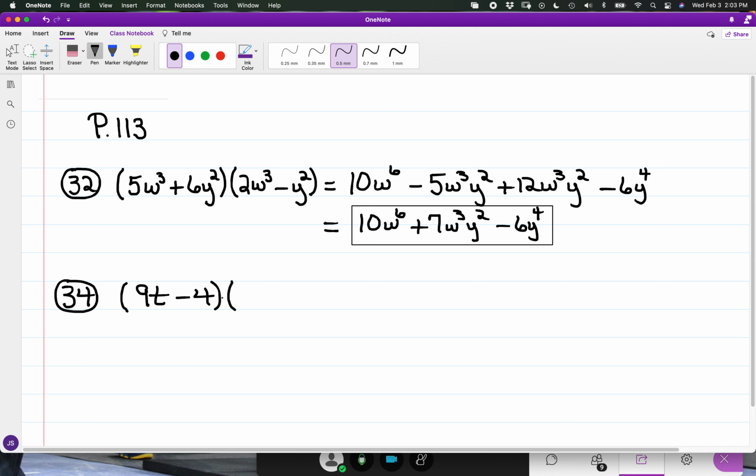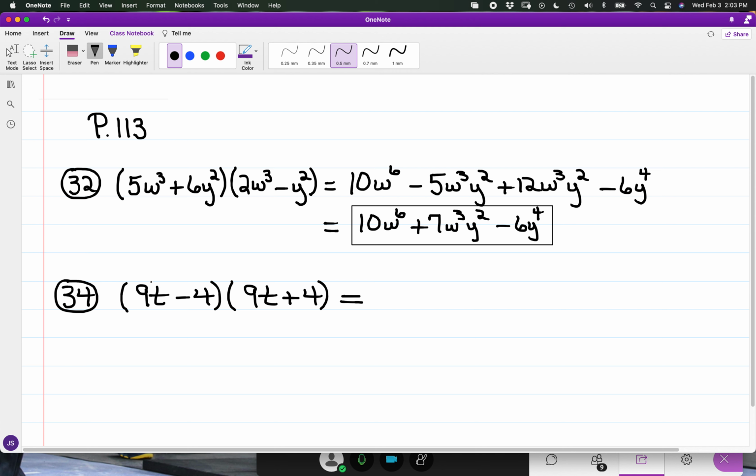One is subtraction with 9t minus 4, and the other is addition with 9t plus 4. Again, if you have almost the same terms, but plus for one set and minus for the other, we're going to have a difference of squares as the result.